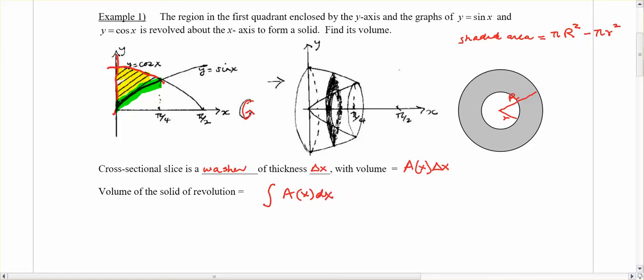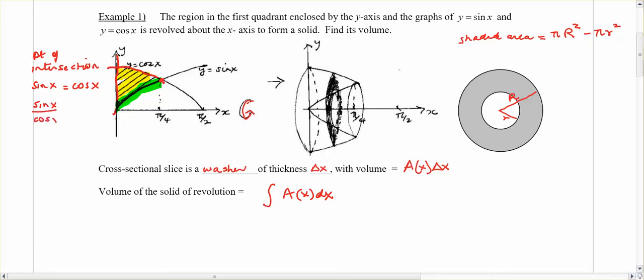And to get the limits for my definite integral, it's kind of given away on the diagram. I've kind of done the heavy lifting for you. But if you weren't told that the x's go from 0 to pi over 4, it's easy to find. Your points of intersection of your two curves is going to be found by putting sine x equal to cosine x, as those are my two curves. Divide both sides by sine x.